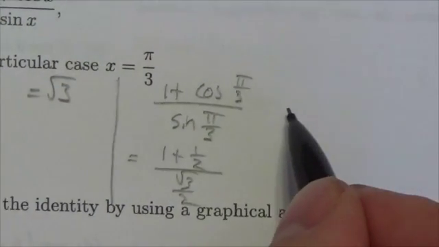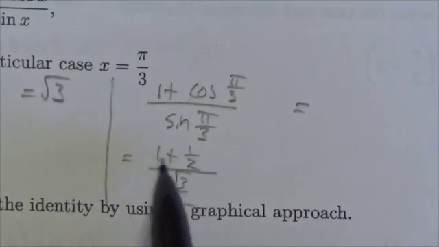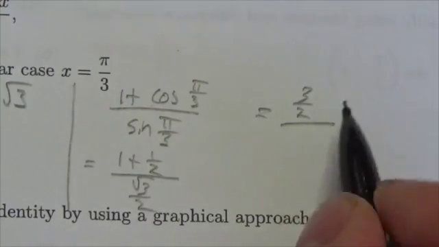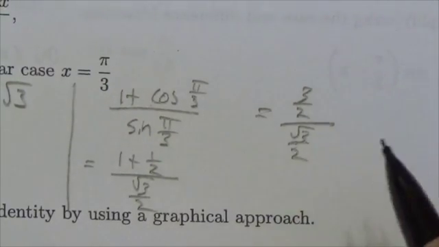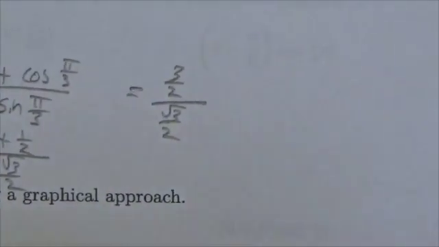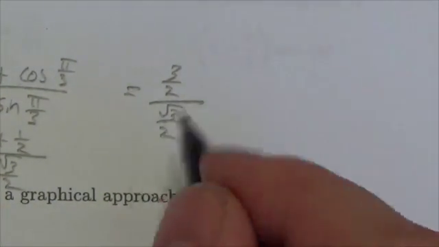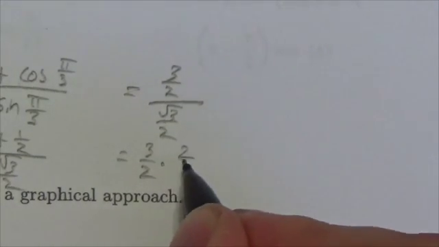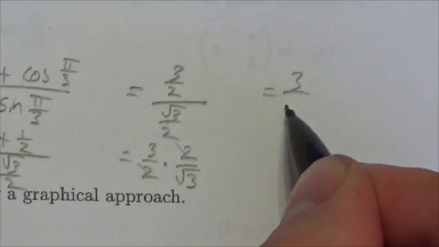All right, now we add the two terms in the numerator. 1 plus a half is just going to be 3 halves over root 3 over 2. And now when we divide fractions, we multiply by the reciprocal, so this will become 3 over 2 times 2 over root 3. And now the 2's will cancel here.